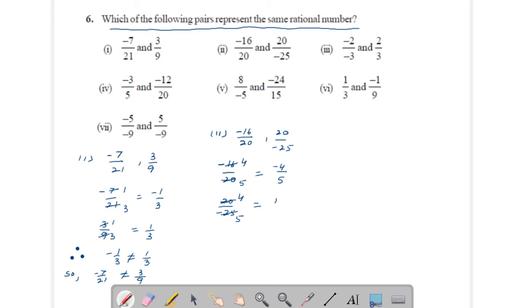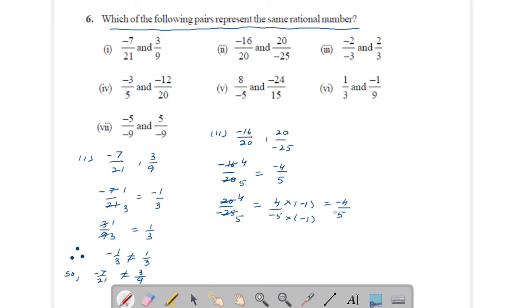It is 4 upon minus 5. Multiply numerator and denominator by minus 1. What will you get? Minus 4 upon 5. What we observe?